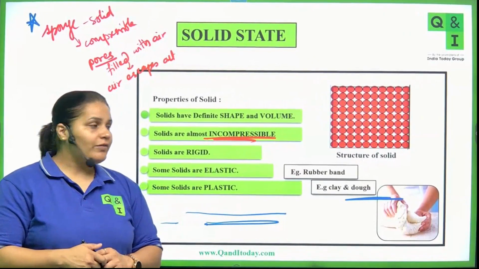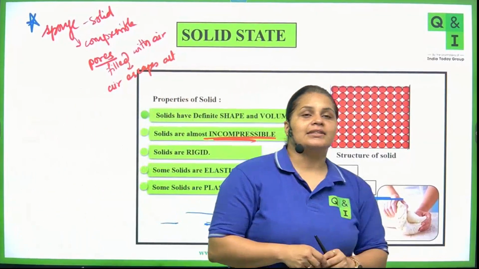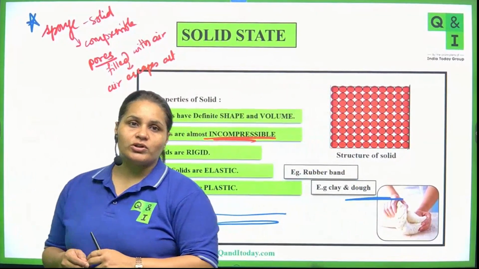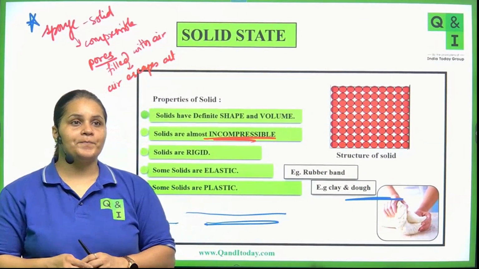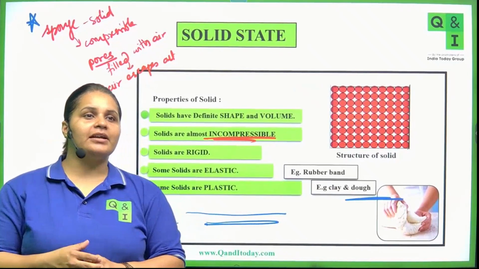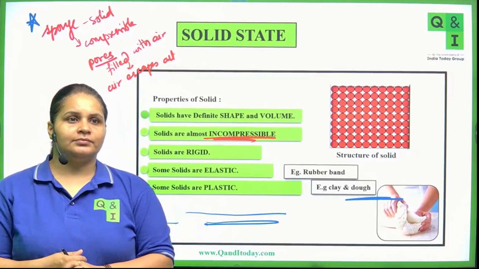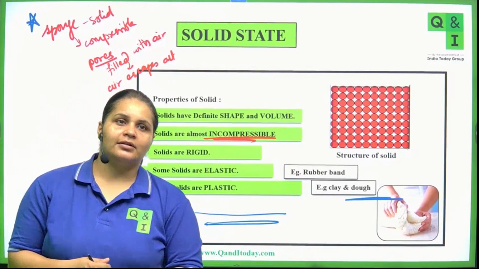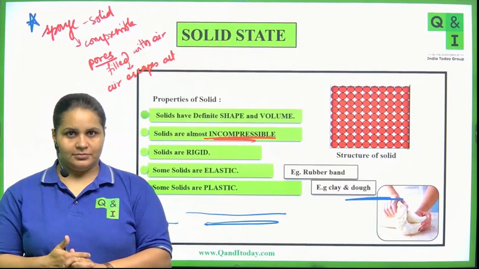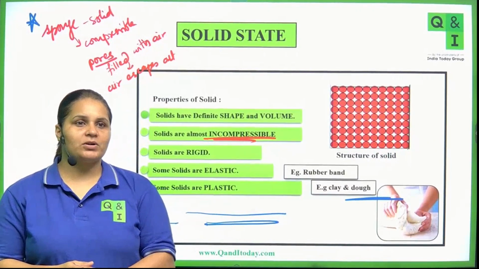Okay, so now if I ask you what is compressibility, can someone answer this question? How will you define it? As I said, the question could be asked in your exam, a 1 mark question.